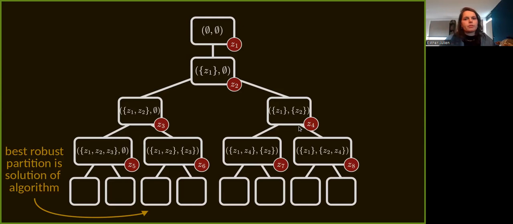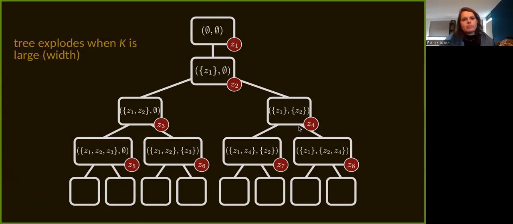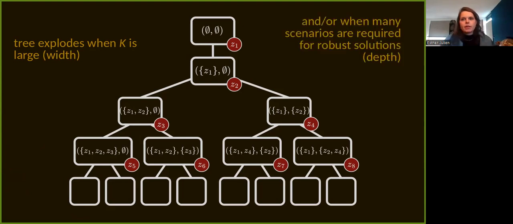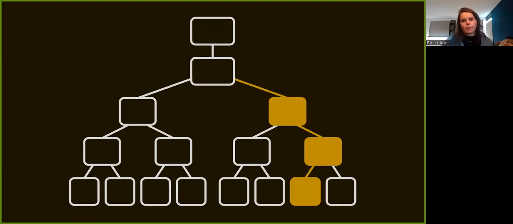But when k increases, then you also get k child nodes. So this tree can explode quite rapidly because the width is determined by k. And also, if you need many scenarios in order to get a robust solution, then you can get a very, very deep tree as well.